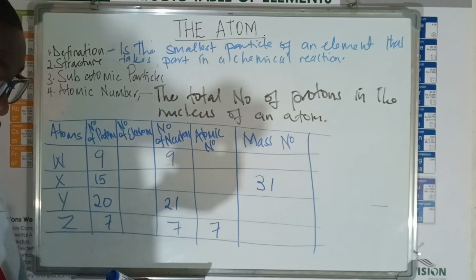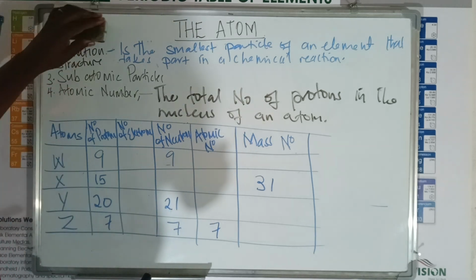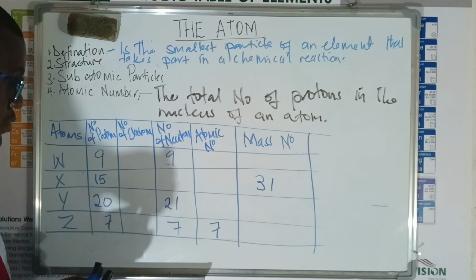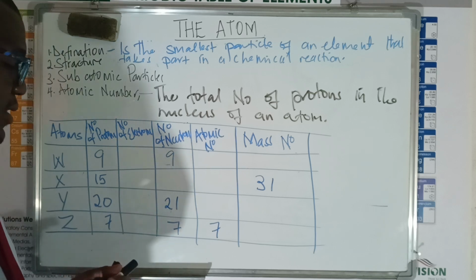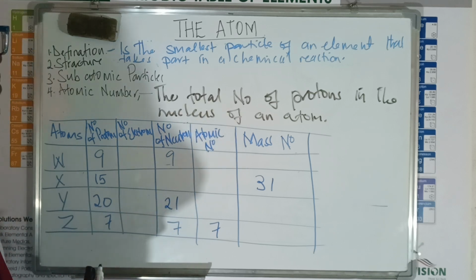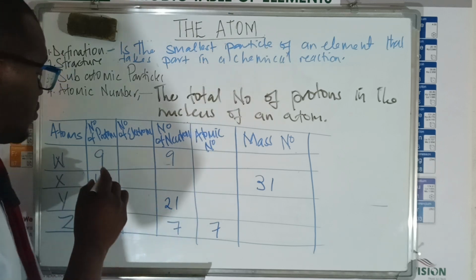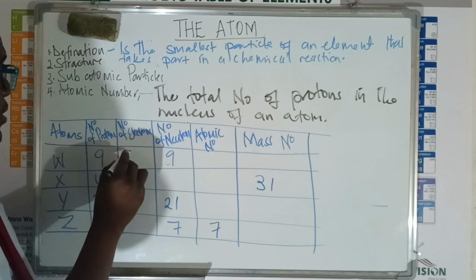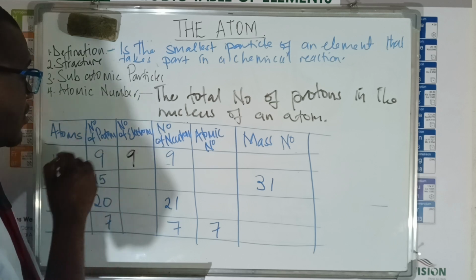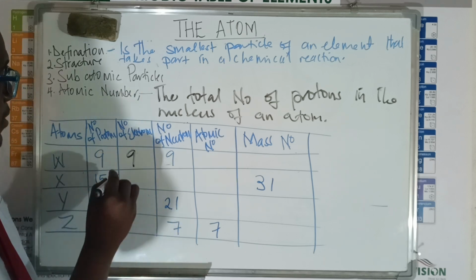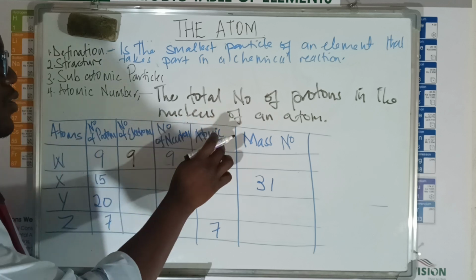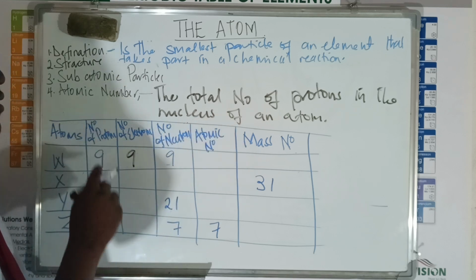Now, from what you've learned, you should be able to fill all this, because one, we have learned that the number of protons and the number of electrons are the same. So if you have 9 protons, the electrons must be 9. Then we have also learned that atomic number is the number of protons in the nucleus of an atom.